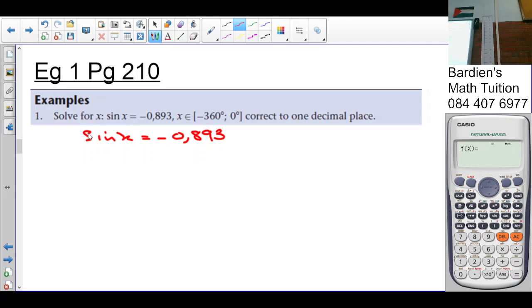So the first thing we do is isolate the trig ratio. That's your first step. Write that down. We have to isolate the trigonometric ratio. What does that mean?